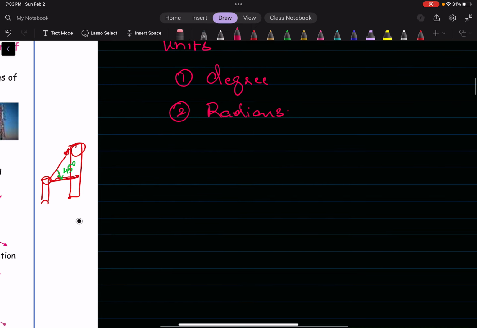There is a bit of conversion factor between degree and radian. So let us assume 1 degree is equal to pi by 180 radians.